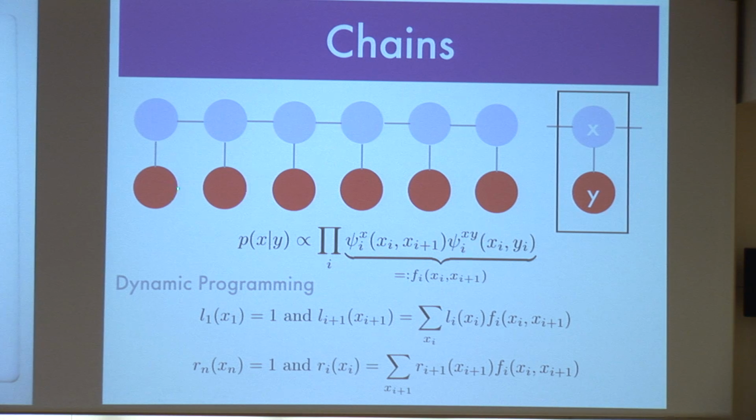Question for you. Does it matter that there are no edges here? Could I add an edge here between the various y's? And what model would I get then? Pardon? I add more cliques. Correct. So I will add cliques between red pairs. Now if I condition on y, does it matter that I have those cliques?